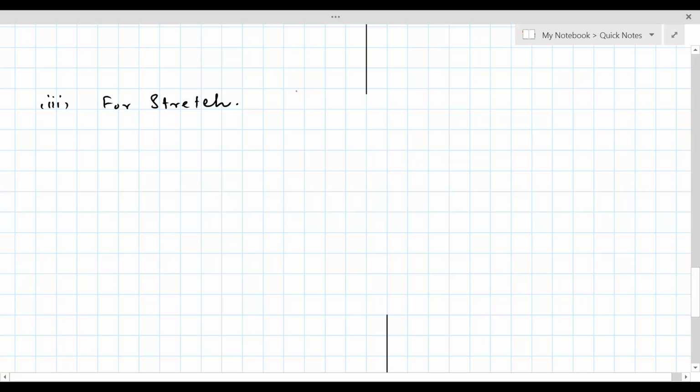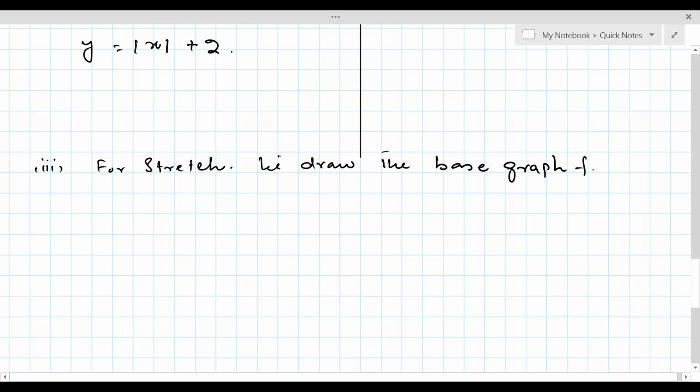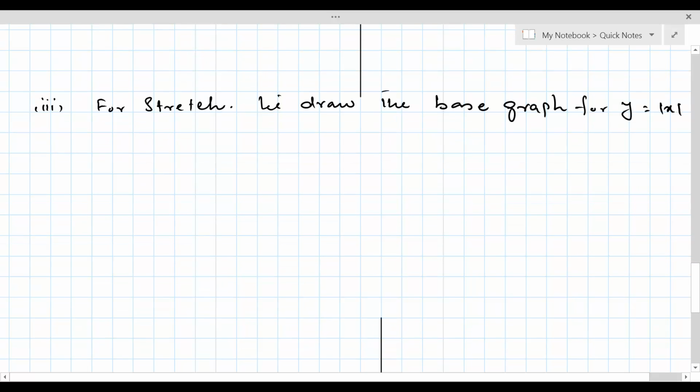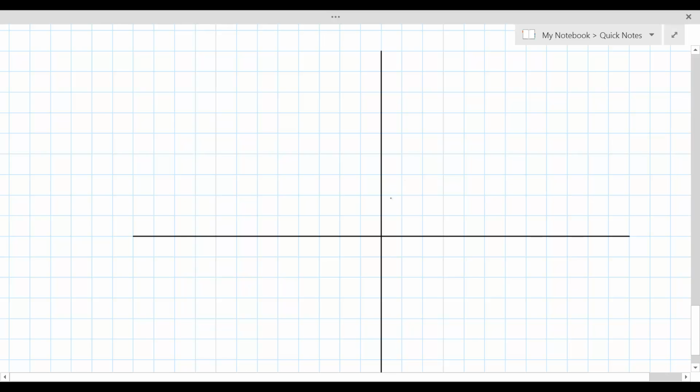Let's draw the base graph again. The base graph is for y is equal to mod of x, which is again a V-shaped graph starting from the origin where the vertex is.